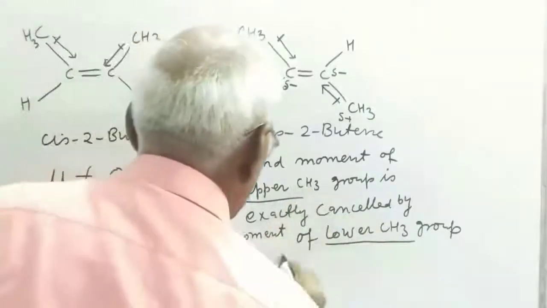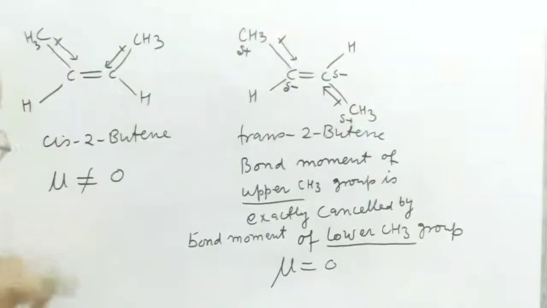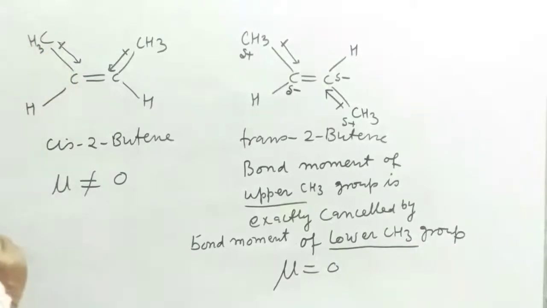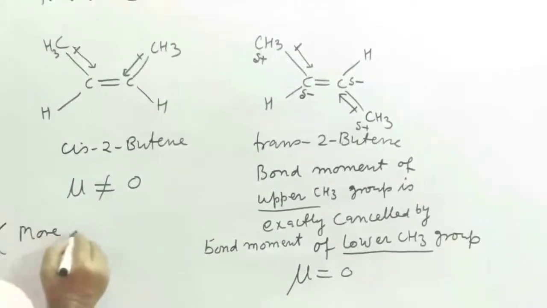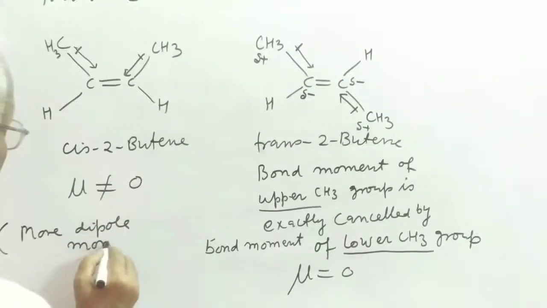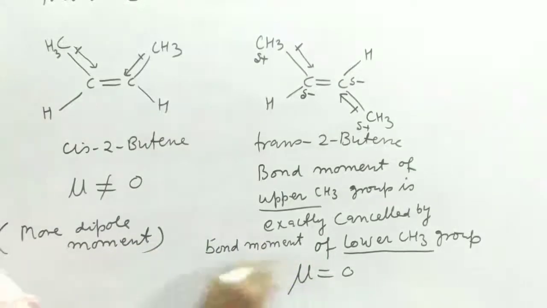So net value of dipole moment is 0, but in this case net value of dipole moment is not equal to 0. It means it has more dipole moment. In this case, 0 dipole moment.